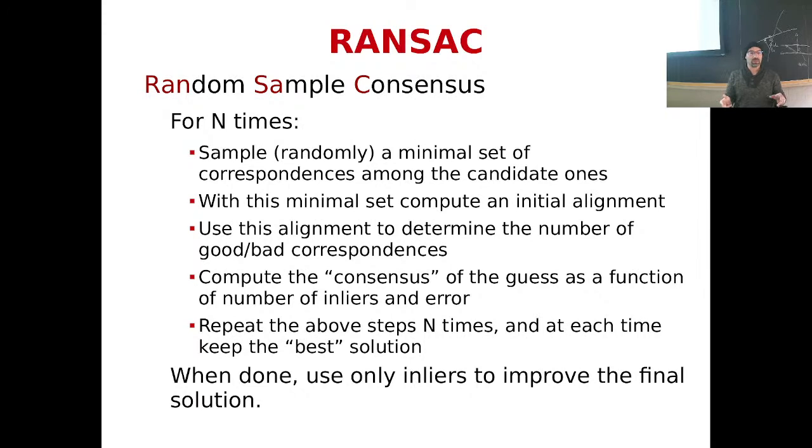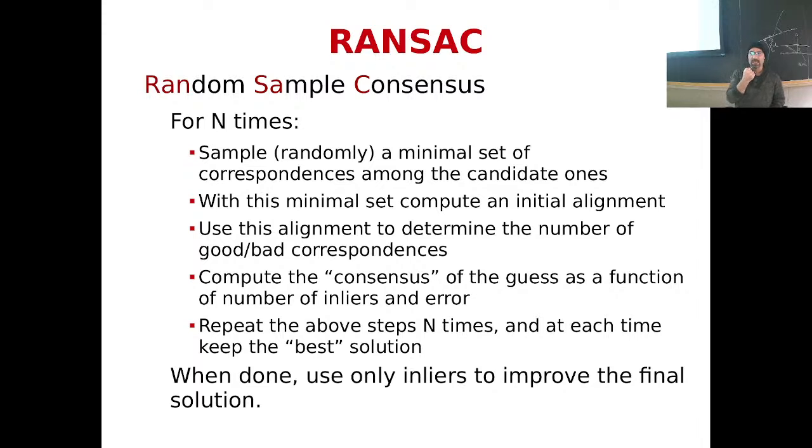What do you do? You pick a minimal set between this set of correspondences, not of good ones, because you don't know which ones are the good ones. Out of this minimal set, you calculate an initial alignment. Okay, guys? And you need to have a minimal solver for that.